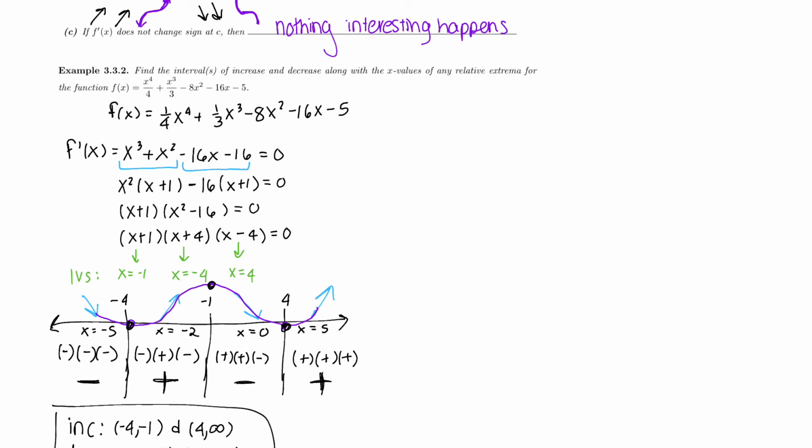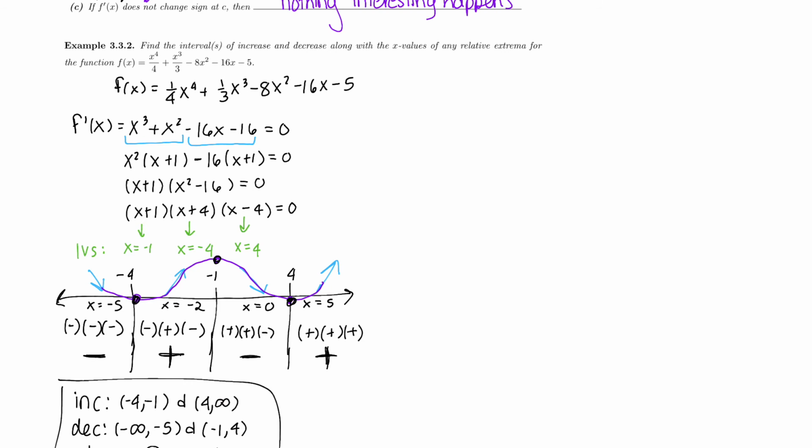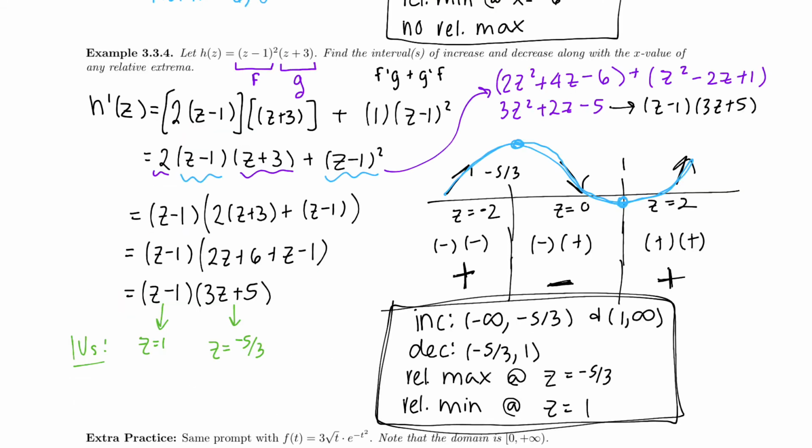You make a sign chart, and then use it to find any potential local maxes or mins, and the increasing and decreasing intervals. You find the local maxes or mins based on how it changes from decreasing to increasing, or increasing to decreasing.